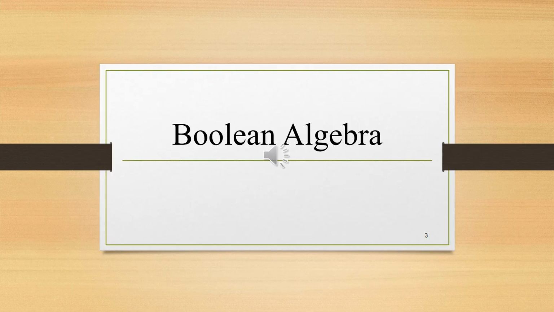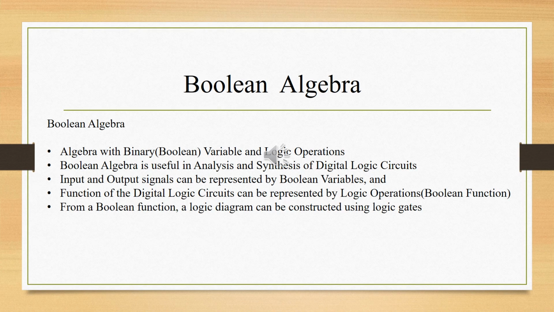So first we will see about Boolean algebra. Boolean algebra is the algebra based on binary values, zeros and ones. First we define the value for each signal in the design, and we can find the relationship between input and output. So first step, we define the binary value of the input signal. There are two different logics, positive logic and negative logic.